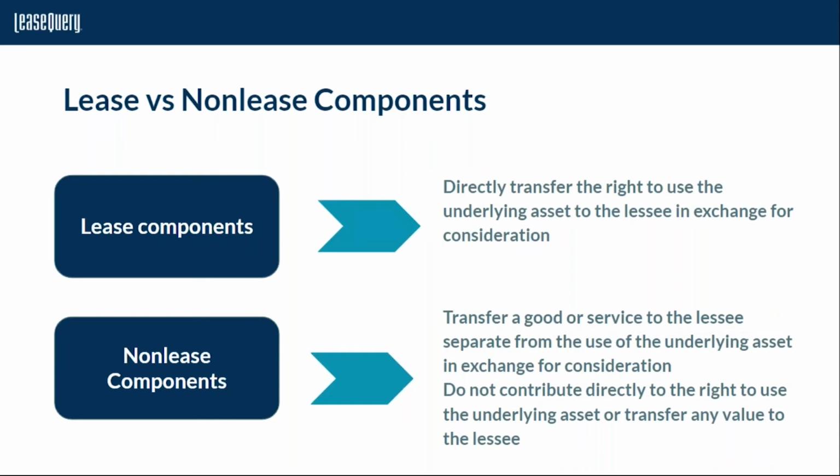Some types of payments, like security deposits, may be either a lease or non-lease component. To determine whether or not a security deposit should be included in your lease payments, look at if it is refundable or non-refundable. Refundable deposits are not included as lease payments. You are not paying for the right to the asset or a service. But non-refundable payments would be because they are part of the consideration paid for the right to use the asset.